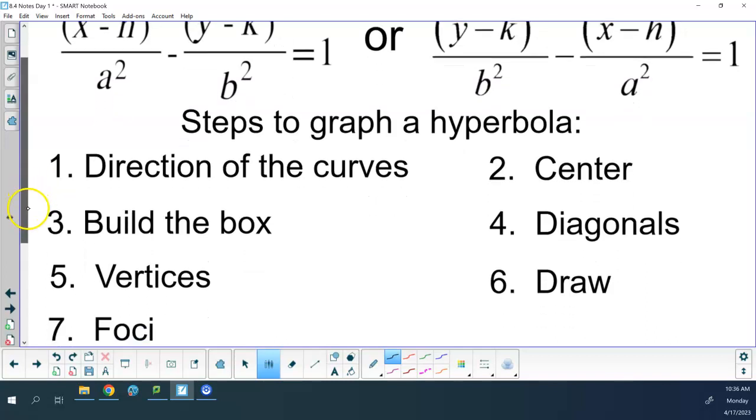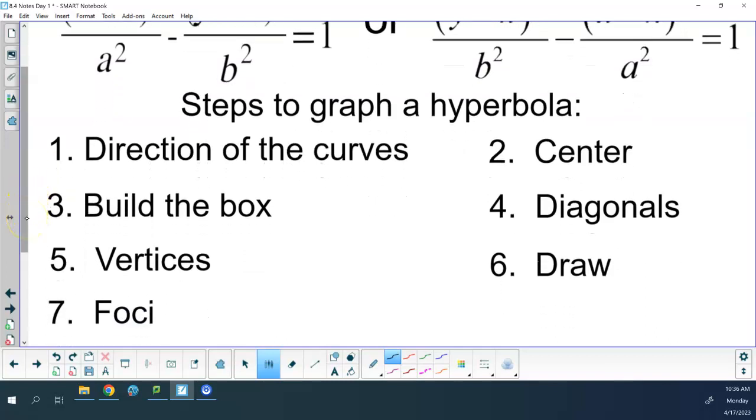So the 7 steps are: 1, which way does it open? What are the directions of the two curves? Left and right or up and down? X squared is positive, left and right. Y squared is positive, up and down. Step number 2, find the center, H, comma, K. Step number 3, build the box.